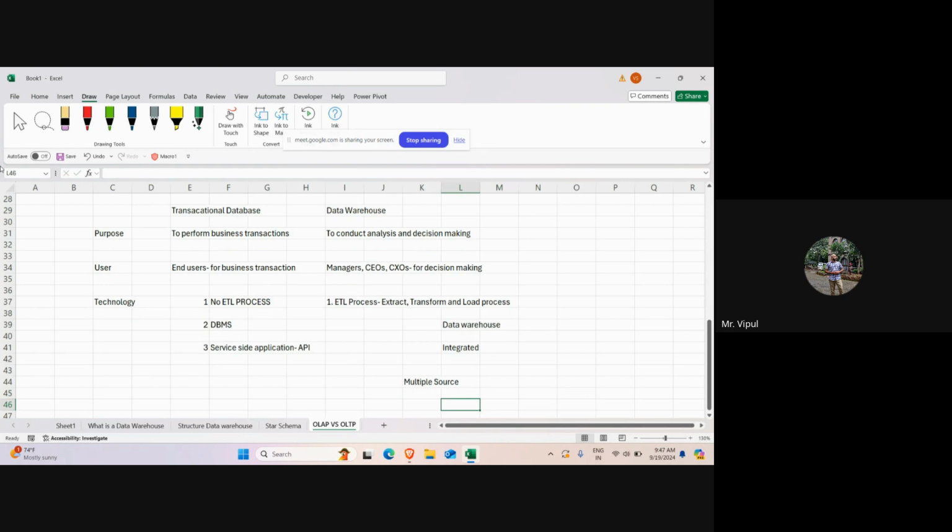We have multiple departments, and we have multiple databases, right?